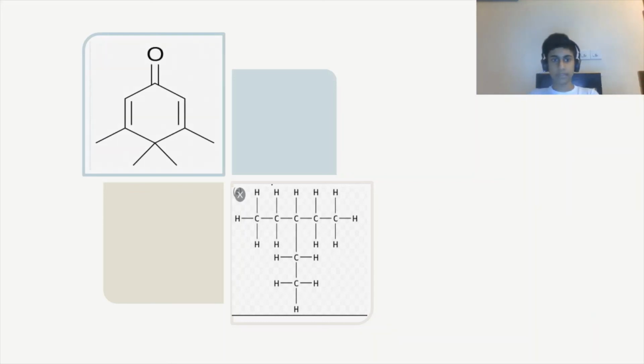Now let's look at this. What is the IUPAC name of this? We would give 1, 2, 3, 4, 5, 6. Because it's symmetrical, we could number it in any way.